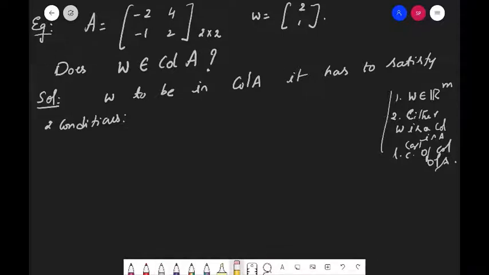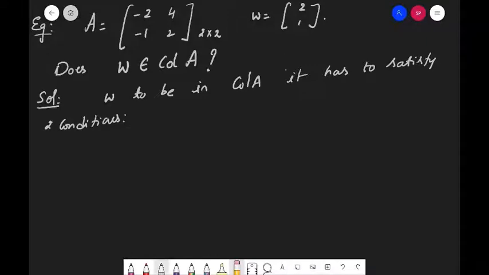Now let us look at these two conditions. The first one, here you have to check W belongs to Rm. This is a condition you need to check.